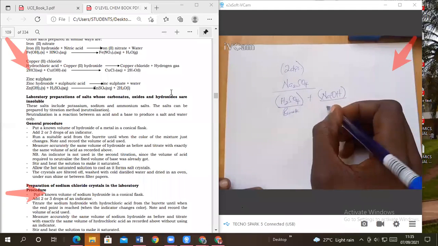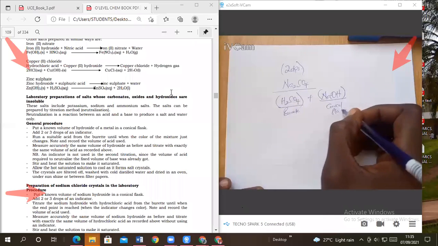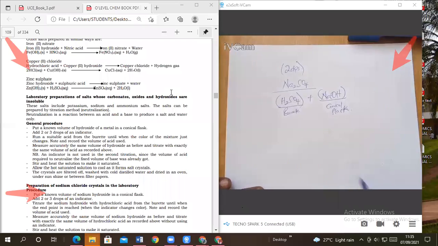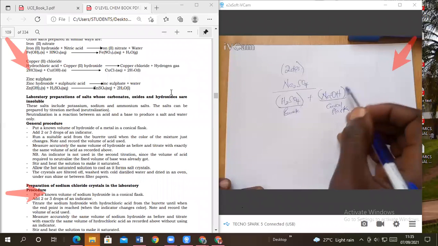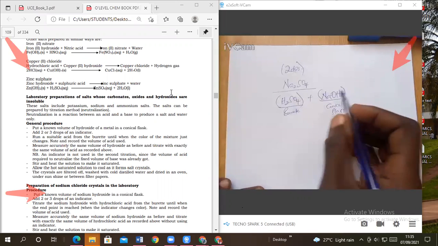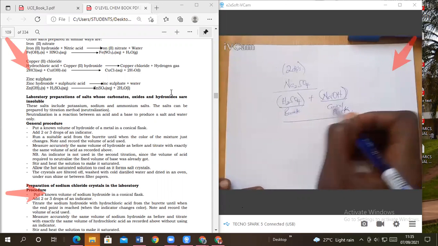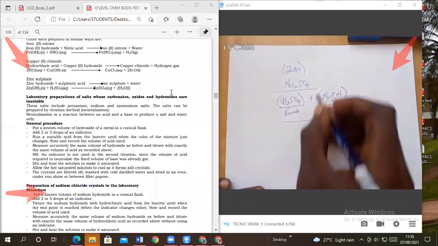This one is put in the conical flask. Now it depends on which one you want. You can either put this in the burette, or the reverse is true. So whichever, as long as you want to determine the volume of one. After all, when the two react, they give you the final volume of the product you want.